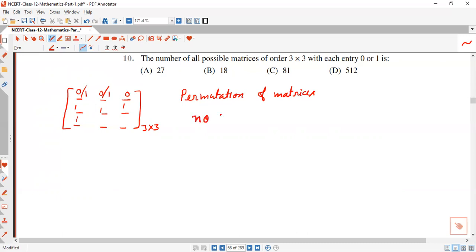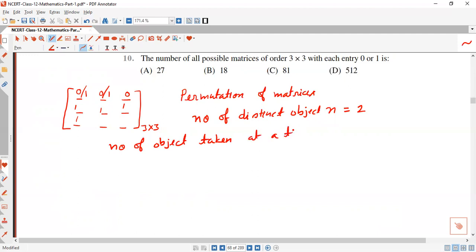So the number of distinct objects n equals 2. The number of objects taken at a time, because we are filling all 9 positions at a time, is r, and that equals 9.